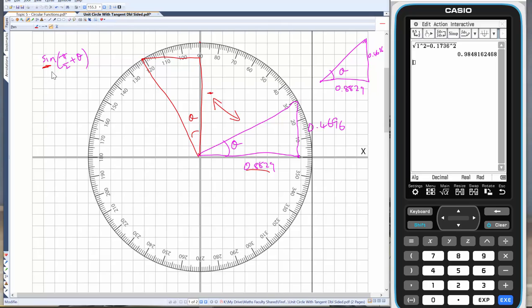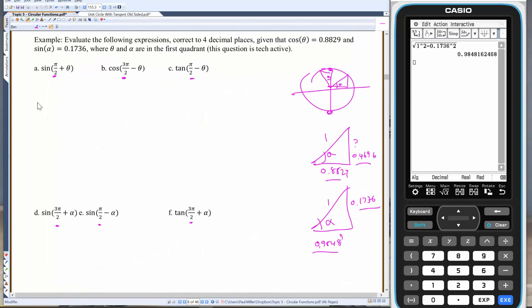Now, what are we after? We're after the sine. So we're at this point here on the unit circle, and I will go across and note that this is the value that I'm after. It's positive, okay? And the value here is going to be this value here, which is the same as this value here, which is going to be 0.8829. So go back to your notes and pop that in, equals 0.8829.